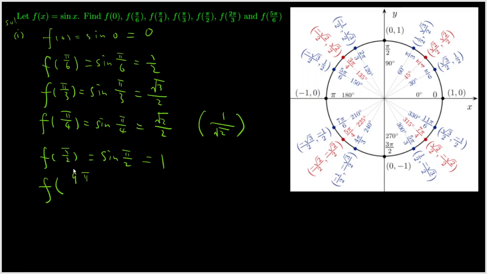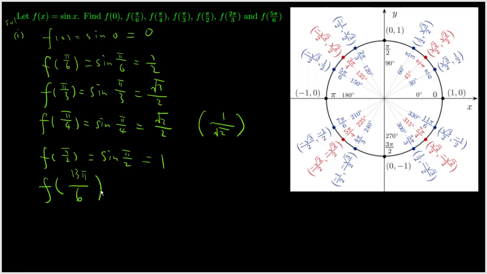So give me a little moment. Okay, we'll do a weird one. 13 pi over 6.